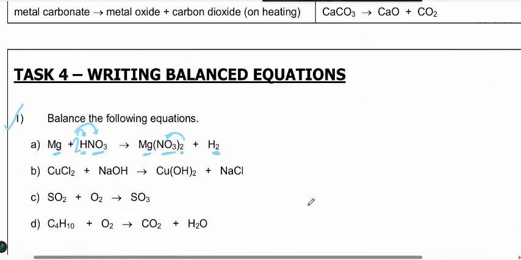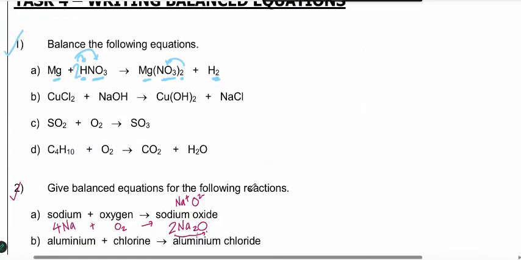All right. This one nothing. This one, balancing equation. How to balance this?